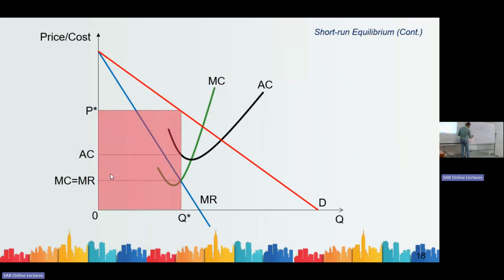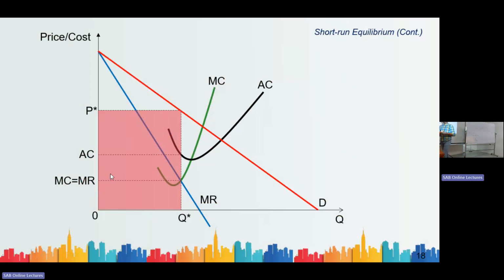Total revenue is P into Q. Total cost is average cost into Q. So if you find the average cost corresponding to profit maximizing output level, you can easily multiply that AC value with Q star.